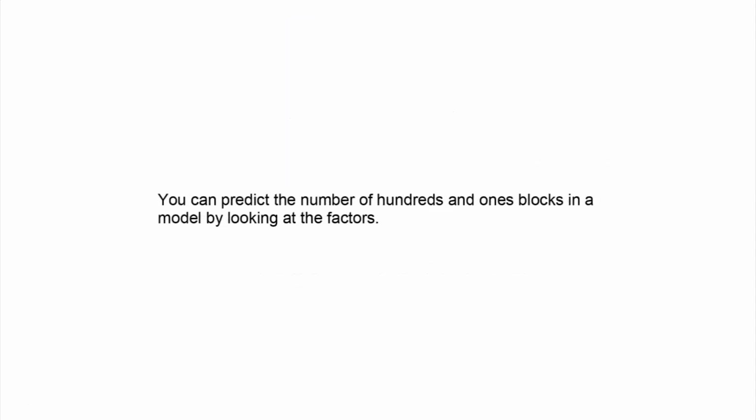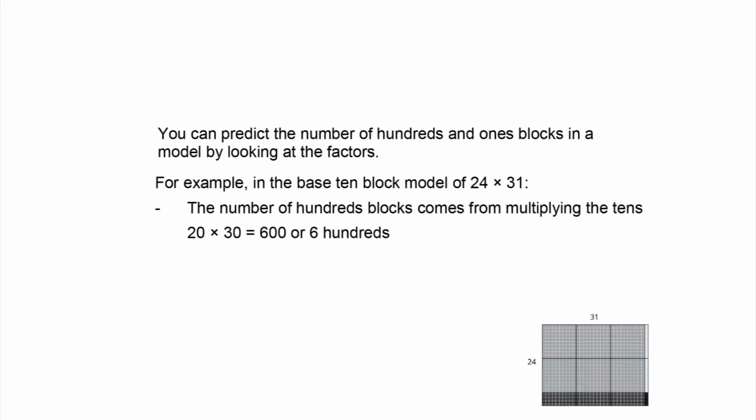You can predict the number of hundreds and ones blocks in a model by looking at the factors. For example, in the base 10 block model of 24 by 31, the number of hundreds blocks comes from multiplying the tens. So we're taking the 20 times the 30. When we multiply those together, we have 600 or 600s.